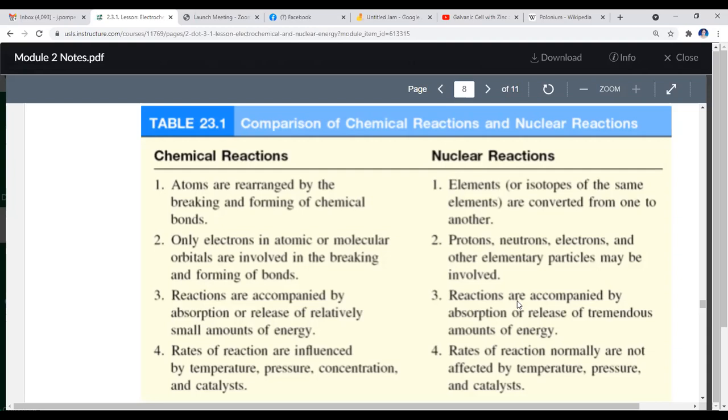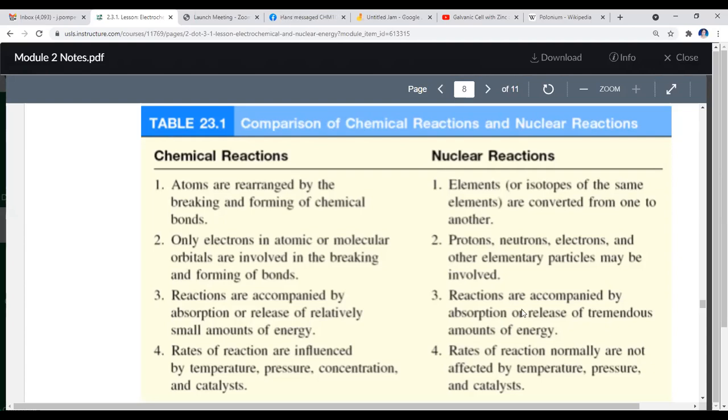Now, number 3, reactions are accompanied by absorption or release of, take note, tremendous amounts of energy. Normally, we produce a tremendous amount of energy when we disrupt the atom itself. Like for example, in the decay of polonium, it decayed into the lead atom, and in the process, it emitted alpha particles.